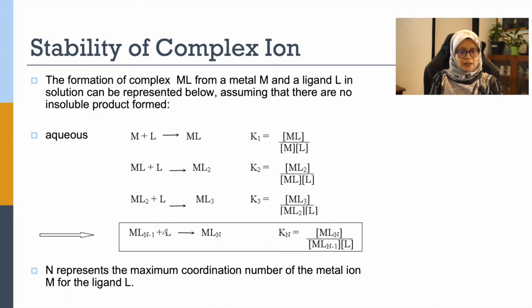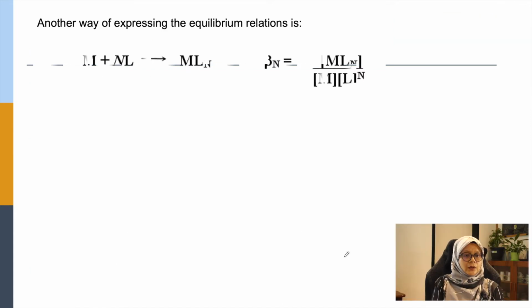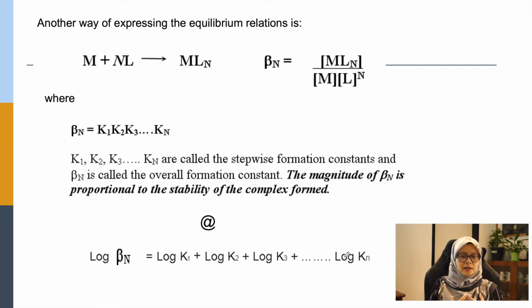The general stepwise constant for the overall is: ML(n-1) plus L forms MLn, where n is the maximum coordination number of the metal ion, and the stepwise constant here is Kn equals the concentration of MLn divided by the concentration of the reactants, ML(n-1) and the ligand L. Another way of expressing the equilibrium relation, other than the stepwise constant, is the overall formation constant.